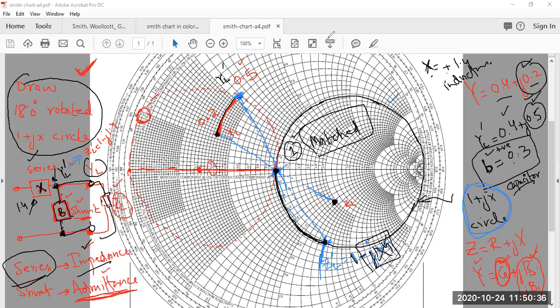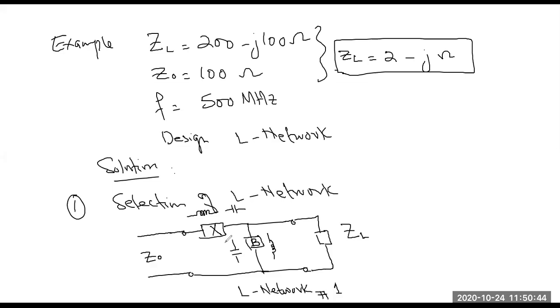So what is the conclusion over here from this circuit? What we have found is that this x, this is small x, has to be plus 1.4, and small b, which was equal to plus 0.3.